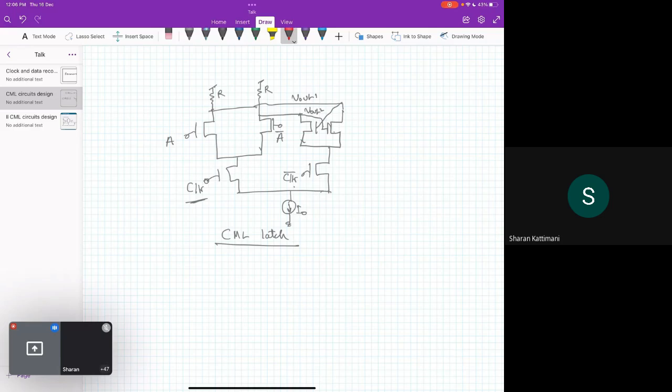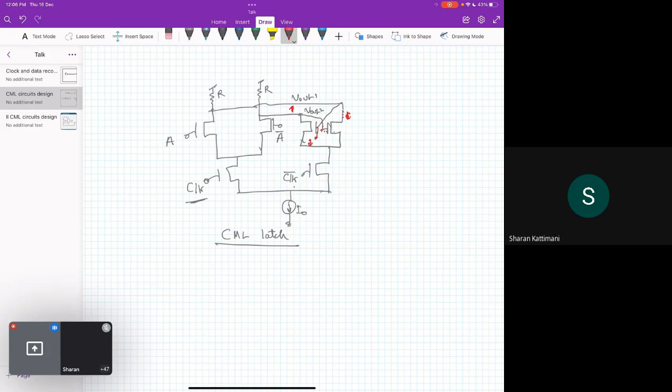So how is it positive feedback? So suppose this is high, so at that time the output will be low, because it is nothing but a common source kind of structure. So if the voltage level at this node is high, here it will be low, and if this is low, node here is also low.